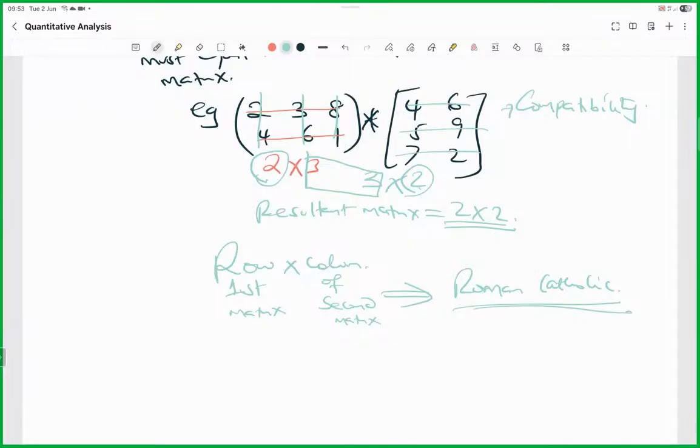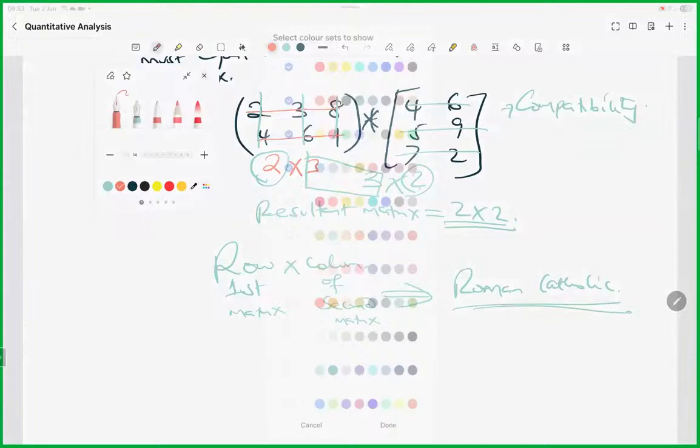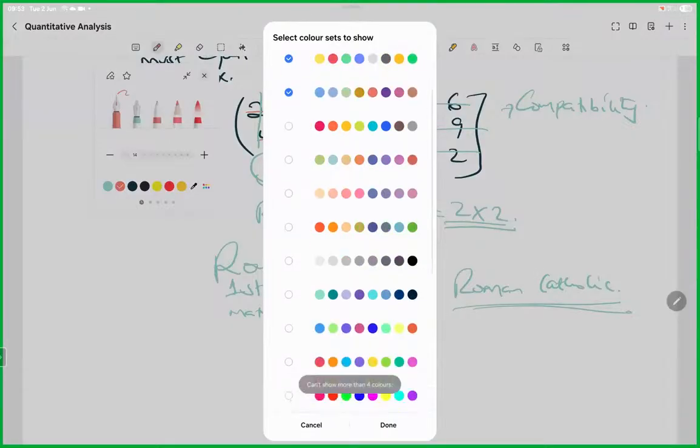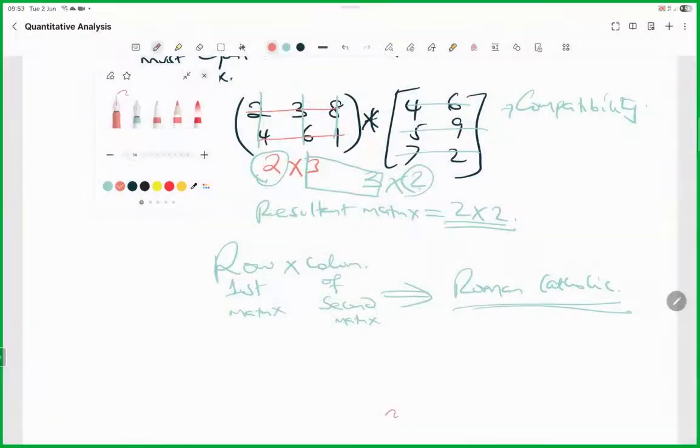Now, ladies and gentlemen, I would want us to run. So we have this 2, 3, 8. This is row 1. The first row is this 2, 3, 8.